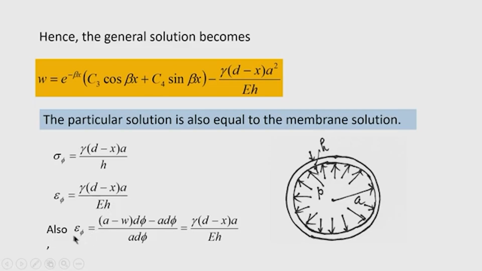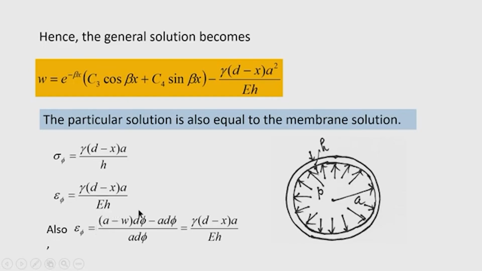Also, we can write hoop strain as the change in circumference divided by the original circumference for a small element of the shell, which subtends an angle d phi at the center. The length of this part of the circumference is a d phi, and this length is changed due to radial deformation.